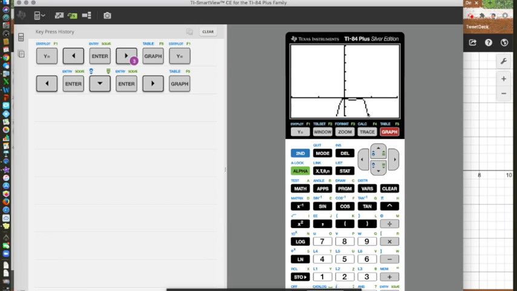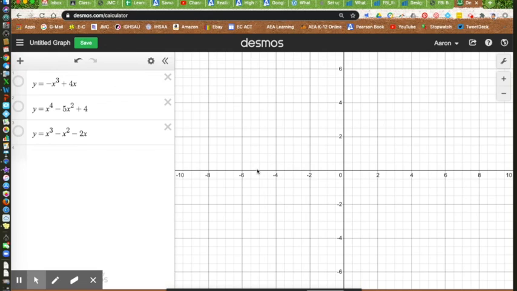Now let's take a look at some similar things on the Desmos graphing calculator. So here's my Desmos graphing calculator. Again, I have a cubic ready to go, and notice it's negative. So I would expect it to be up on the left, down on the right, 3 solutions, and 2 turning points. So we're up on the left, down on the right.